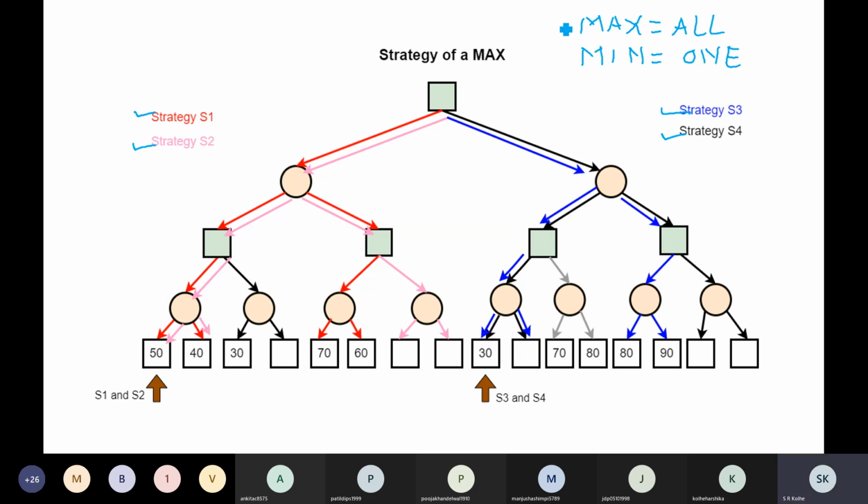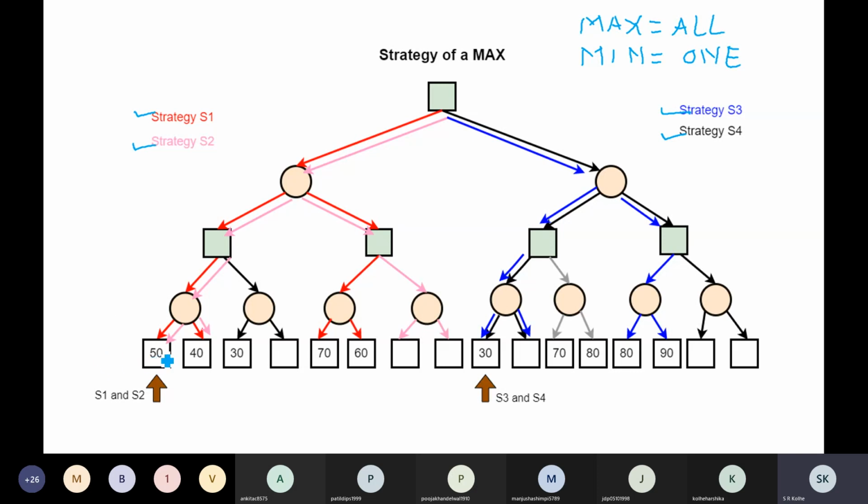Okay. Now keep the same game tree. All at max, one at min. So in this case, whatever game tree is on this slide right now, what set of nodes will be selected?